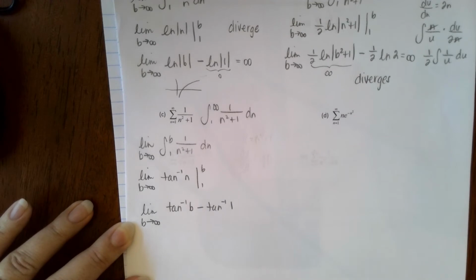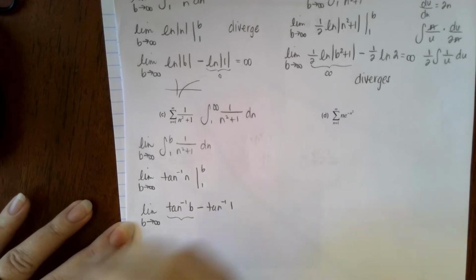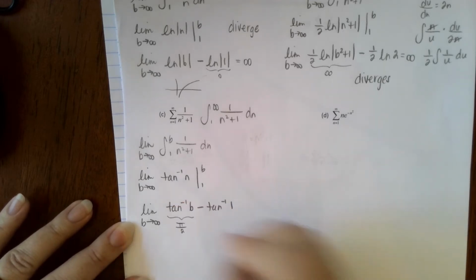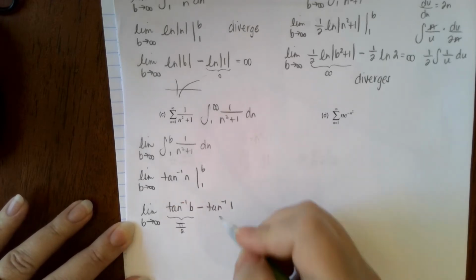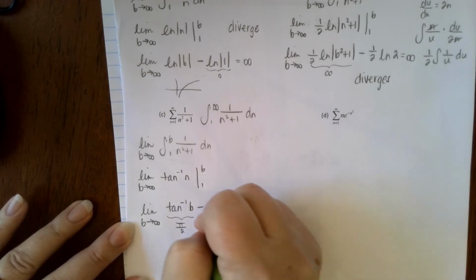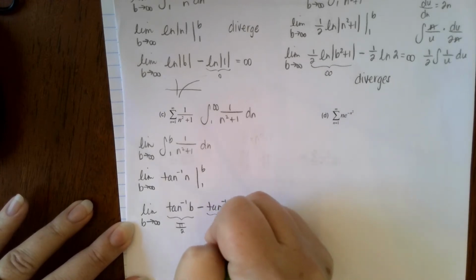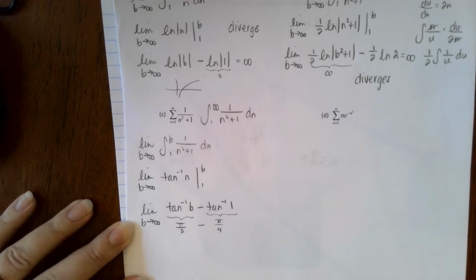Okay? Now, I can plug in the infinity. Where does tangent go to infinity? Well, the first place tangent goes to infinity is up at the top, pi over 2. Or down at the bottom, negative pi over 2. I'm going to stick with pi over 2. Where does tangent equal 1? Well, tangent equals 1 the first place at pi over 4. So essentially you have pi over 2 minus pi over 4.